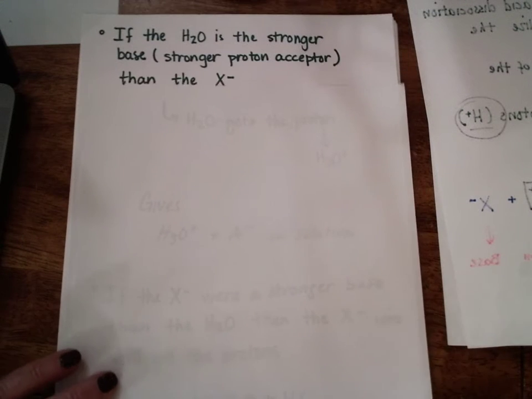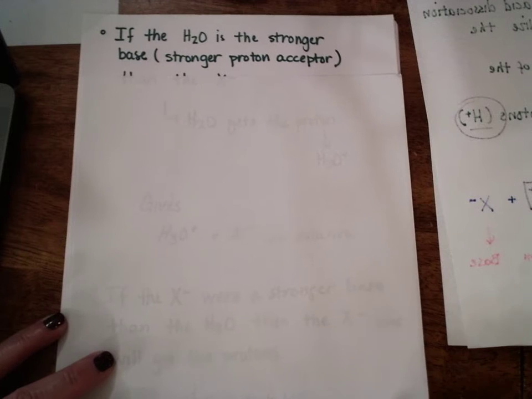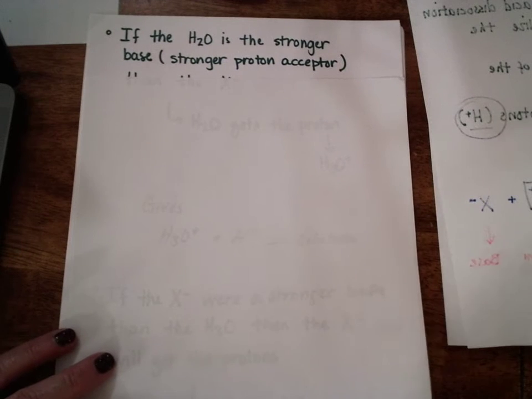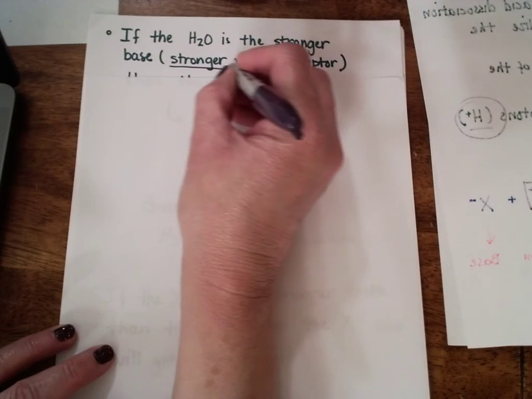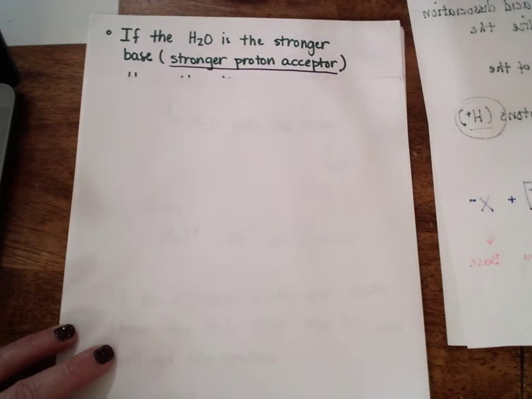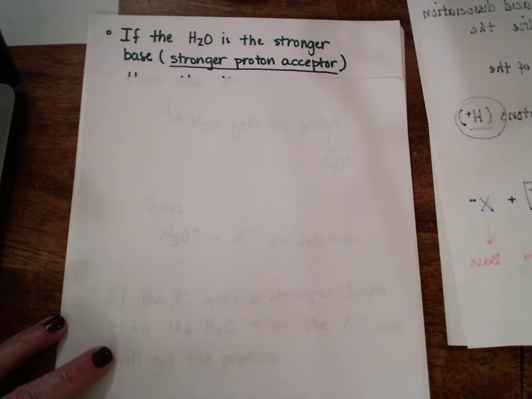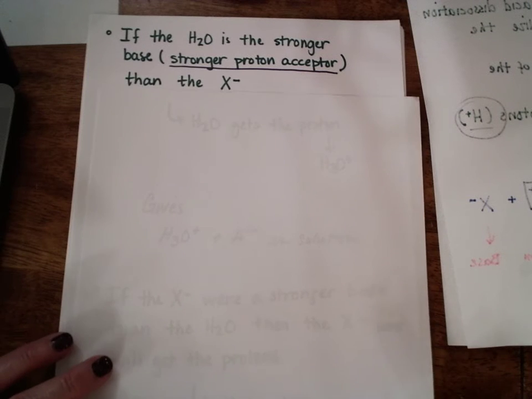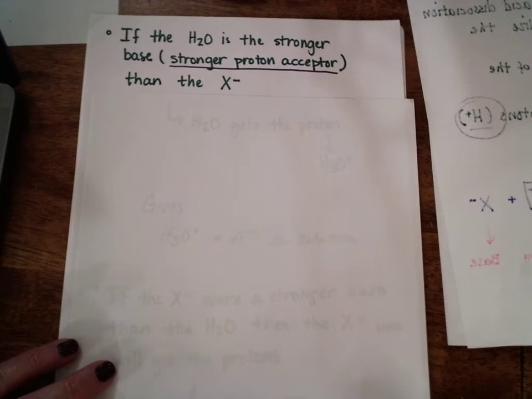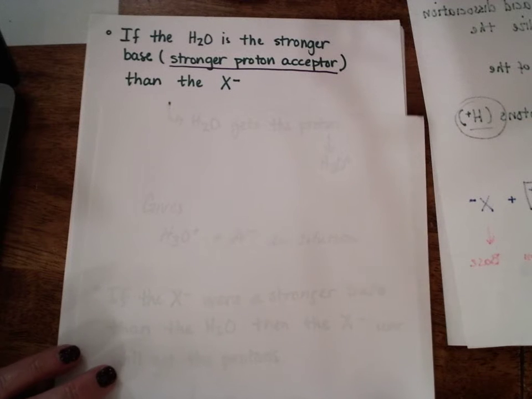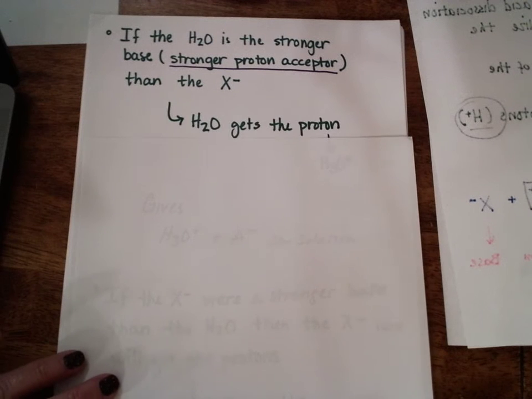So I have to think about it this way. If my water is the stronger base, then really I can say, and you might be asked a question like this, that in that particular reaction, the water is the stronger proton acceptor. Much stronger than that anion that dissociates from the hydrogen. So the water is what gets the proton.